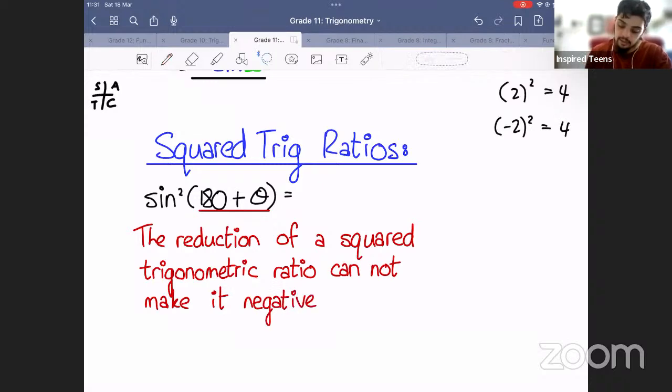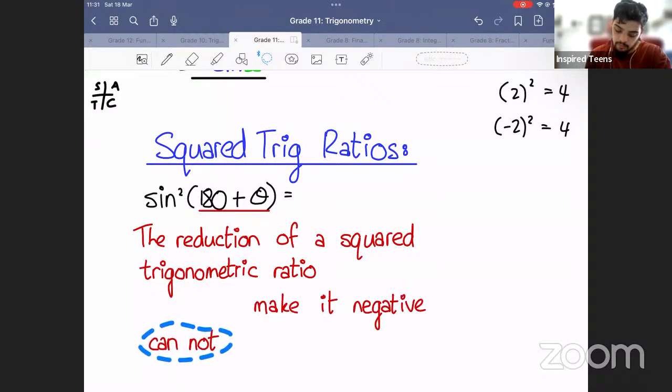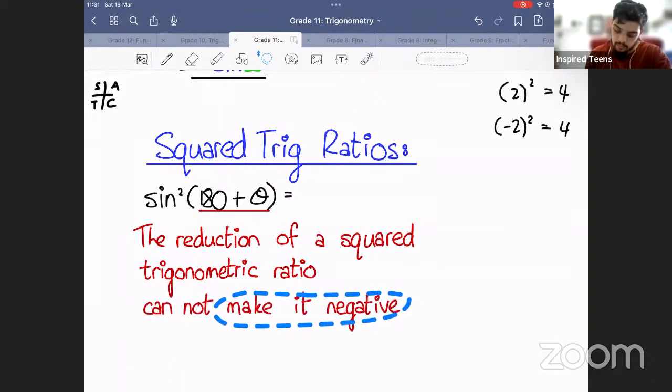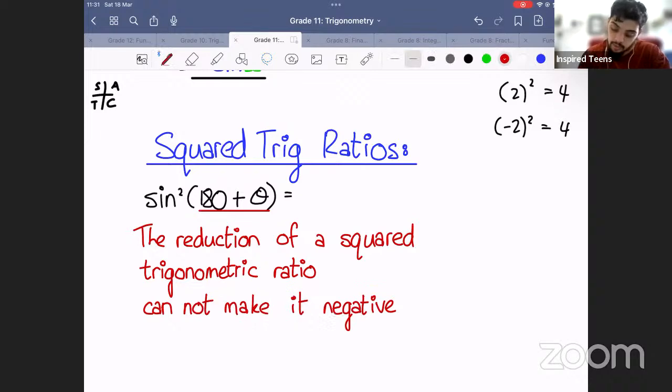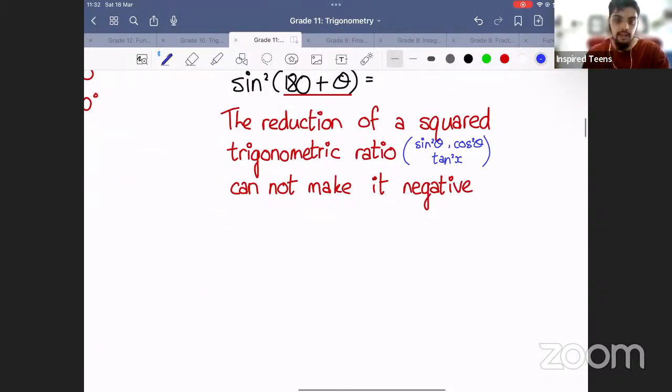Let us just write in brackets, what are we talking about when we say a squared trigonometric ratio? We talk about sine squared theta, cos squared theta, or tangent squared theta. Tangent squared x, the variable doesn't matter. That's what we're talking about. Cannot make it negative.